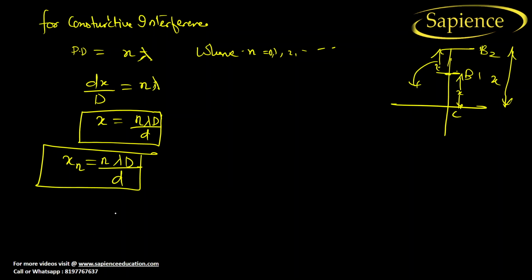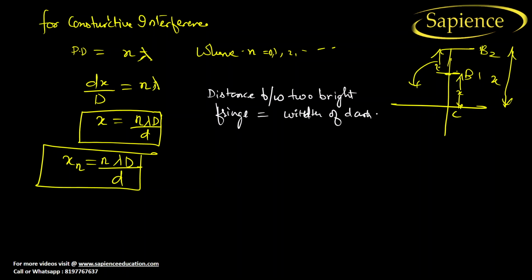One important point you need to understand is that the distance between two bright fringes is equal to the width of the dark fringe.